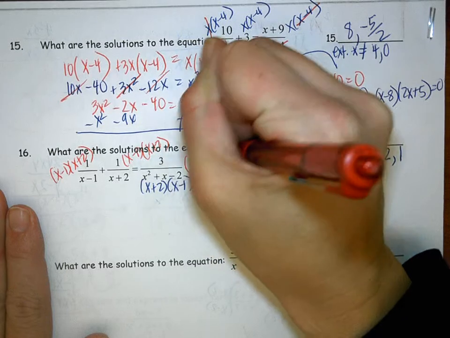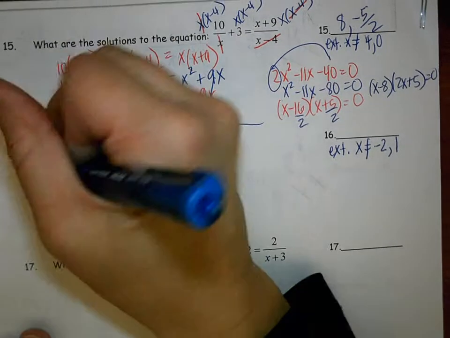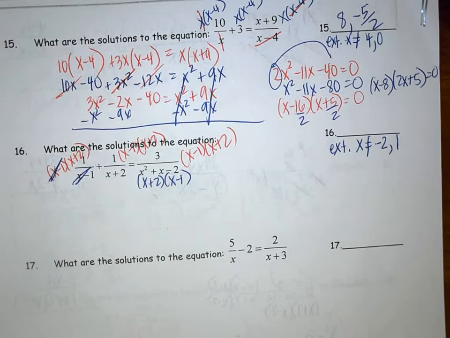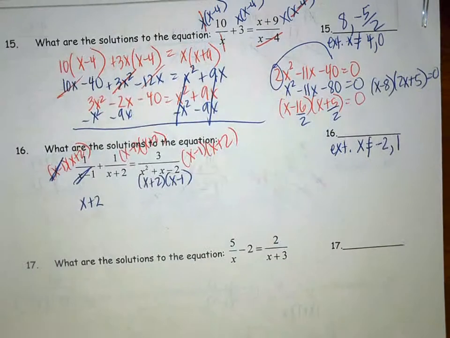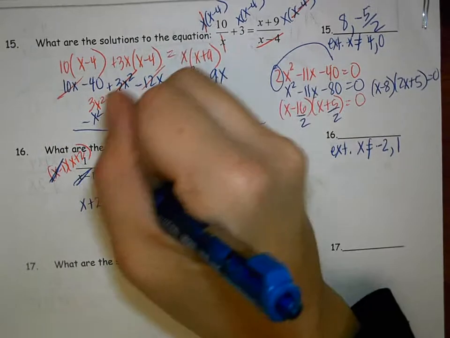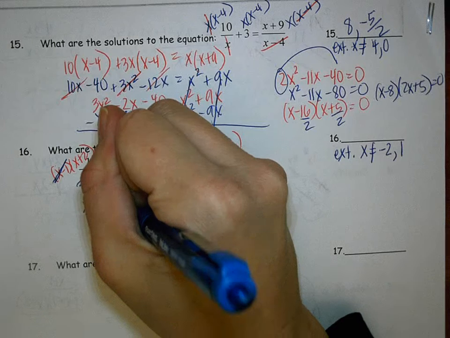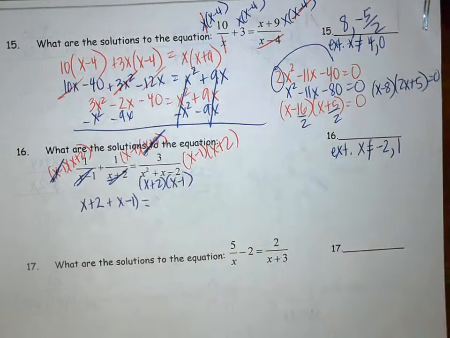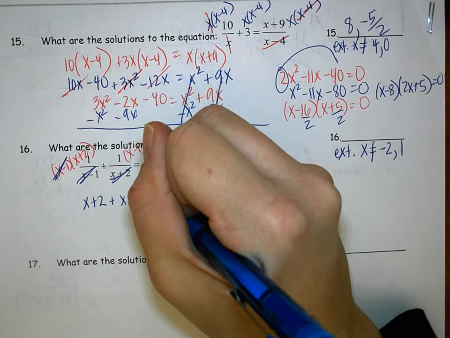Okay. On this first one, the x minus 1's cancel. And when you have x plus 2 times 1, which is x plus 2. The second fraction, x plus 2's cancel, and you have 1 times x minus 1, which is x minus 1. Equals. Here, the whole thing cancels, and we're just left with 3. That was just supposed to be a 1.